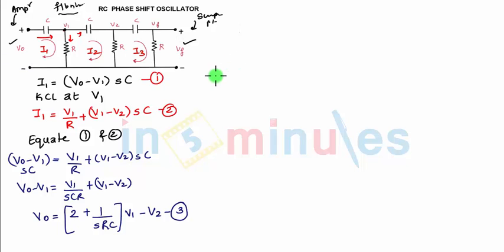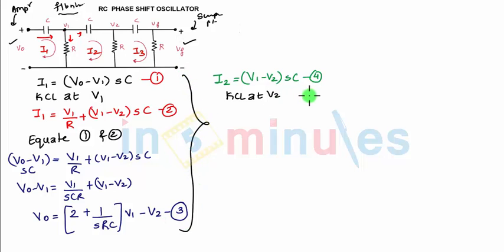Similarly, I can write I2 as V1 minus V2 into S into C, calling this equation number 4. After applying KCL at V2, with the same steps as before, I2 equals V2 upon R plus I3.